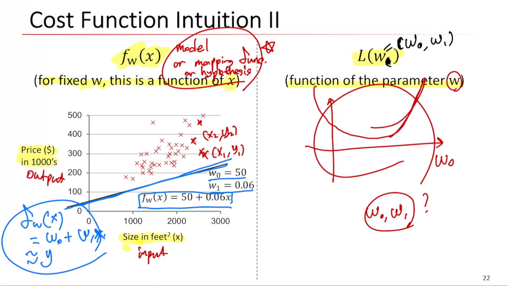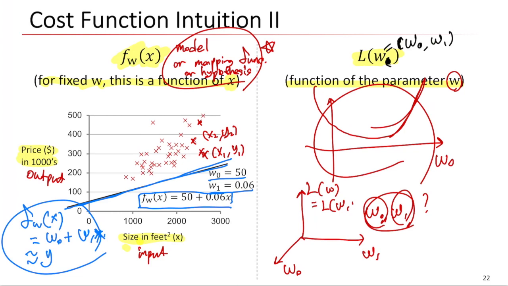To visualize this cost function with respect to W0 and W1, it should look like this. This is W0, W1, and the loss of W, and it can be represented like this specifically.